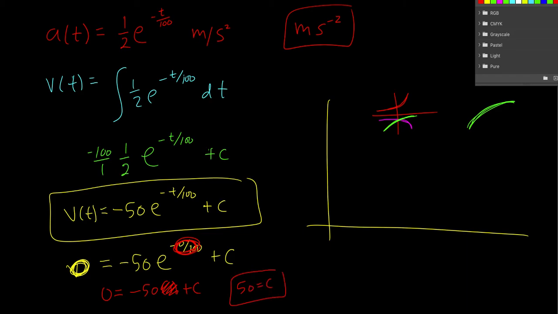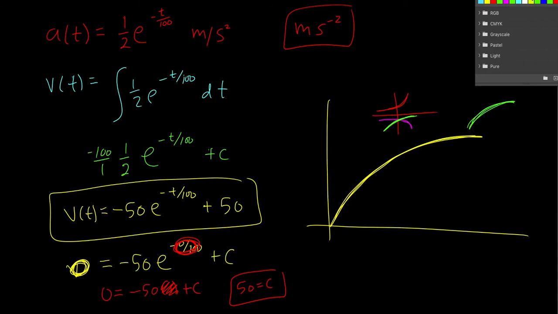So I'm just going to replace that c value with a 50. Okay, so we're going to shift this shape up, and if you graph it on a calculator, it's going to look roughly like this.